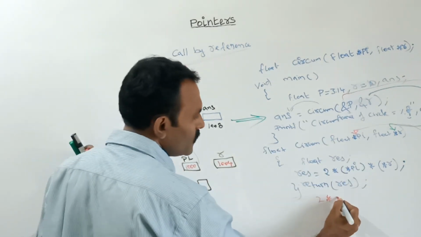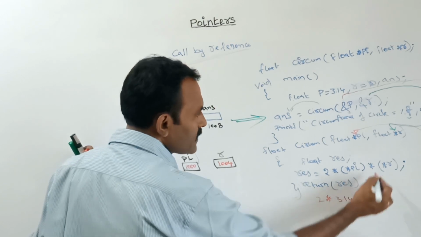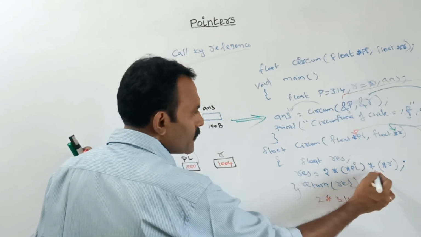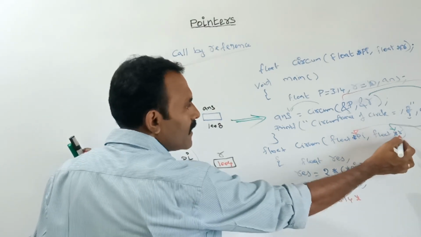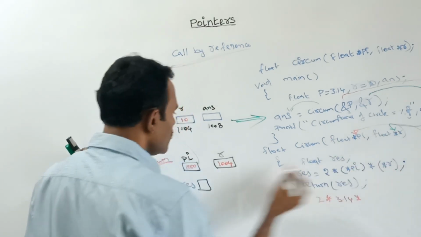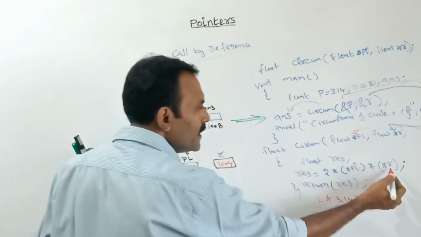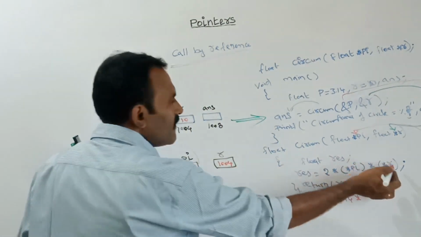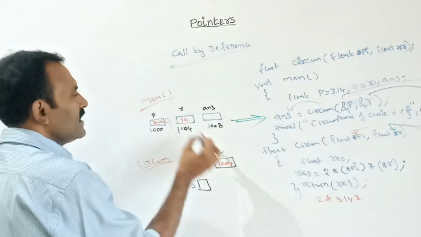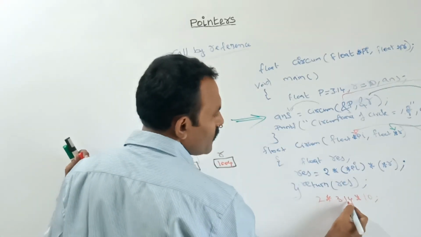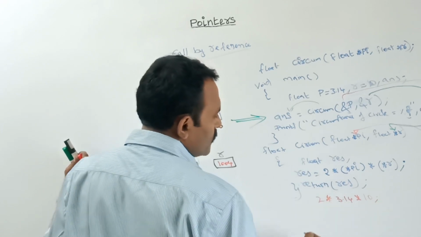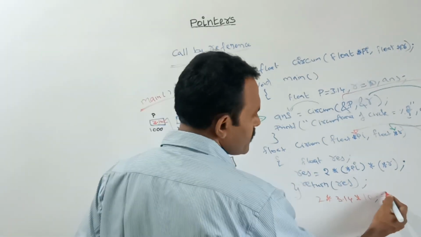So 2 into 3.14, multiplied by the value at r. r holds the address 1004, and at 1004 the value is 10. So 2 into 3.14 into 10.